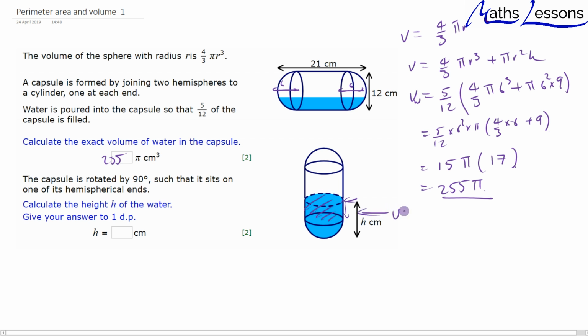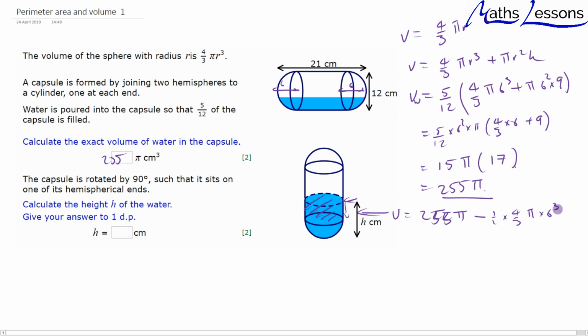This bit's volume will equal 255 lots of pi. I'm going to take away from that a half times 4/3 times pi times 6 cubed. And I can work that all out.